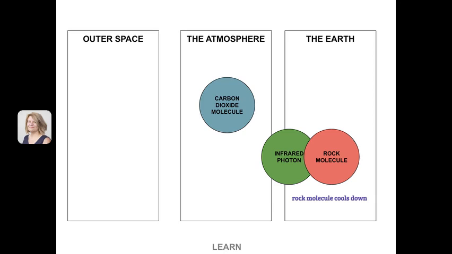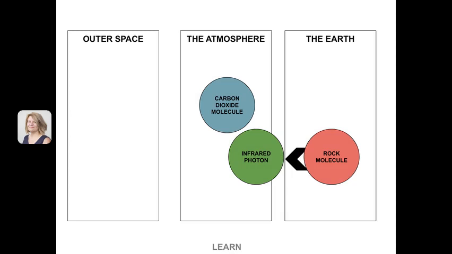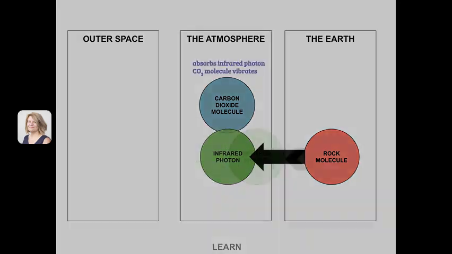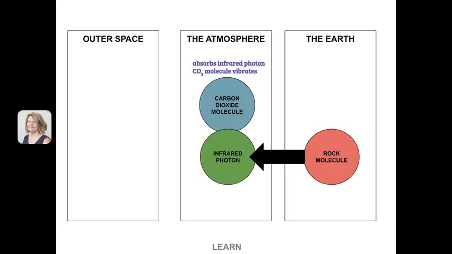And what's going to happen is that that rock molecule is releasing the infrared photon, and they are moving away from the earth, being radiated away from the earth, and get to the atmosphere again.